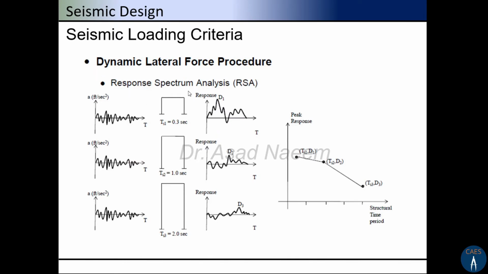Another type of dynamic lateral force procedure is response spectrum analysis. In this, we have a single degree of freedom system in which there is a mass with some natural time period, and then we apply the time history record and obtain the maximum displacement for this structure.